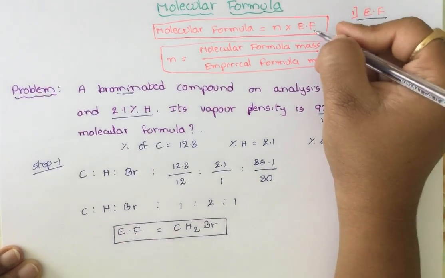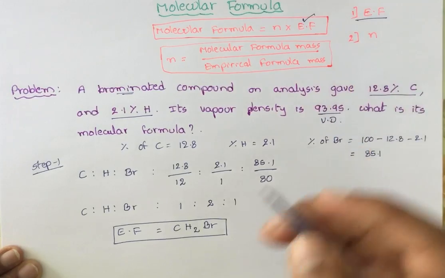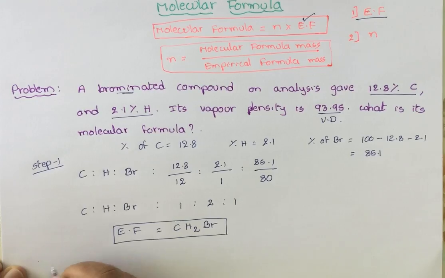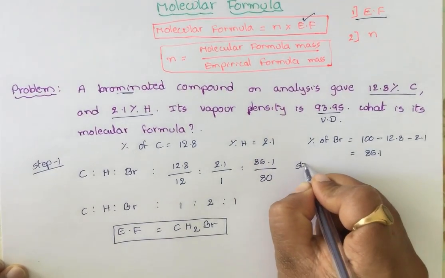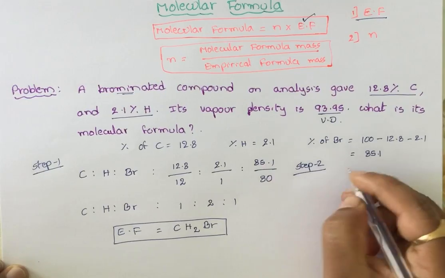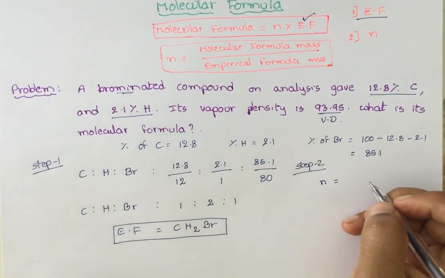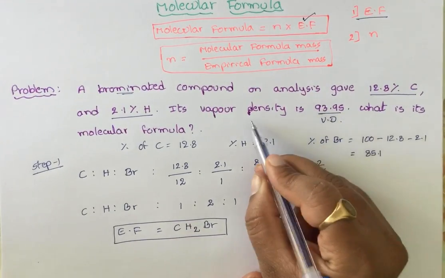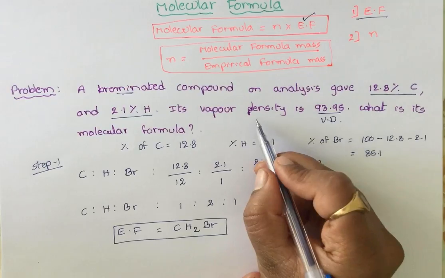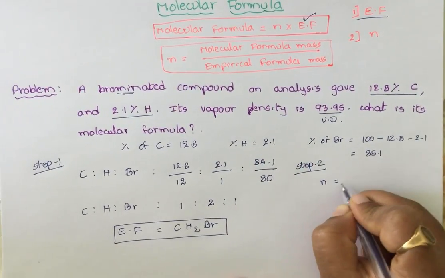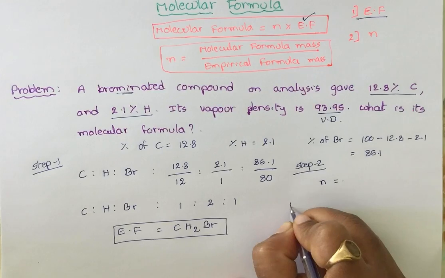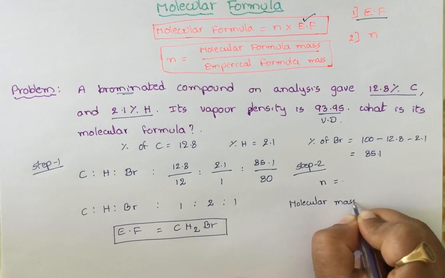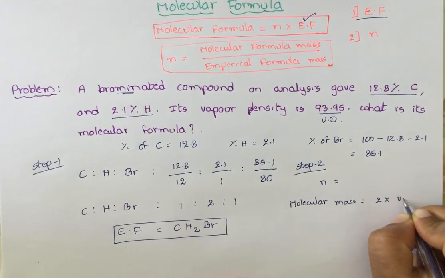I got the empirical formula. What else do I have to know to calculate the molecular formula? I have to know the n value. Step 2: let us determine n. I can determine n if I take the ratio of molecular mass. I don't know the molecular mass, but they gave the vapor density. The molecular mass is equal to 2 multiplied by vapor density.